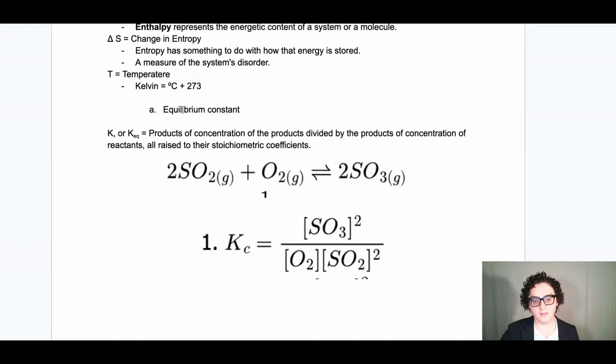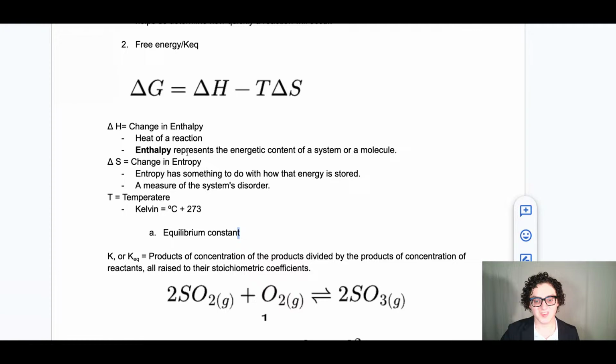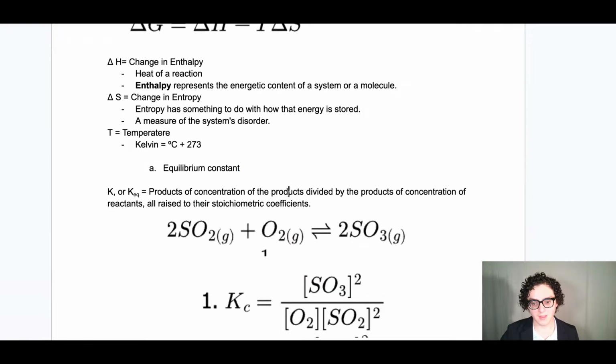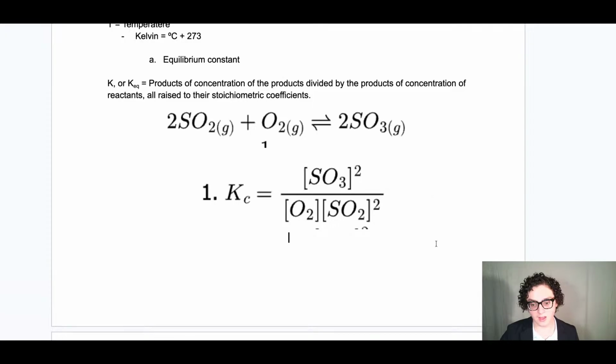That value has a relationship to this value, change in Gibbs free energy. And figuring out one or the other helps us get to the other mathematically. So here's the equation that combines those two.